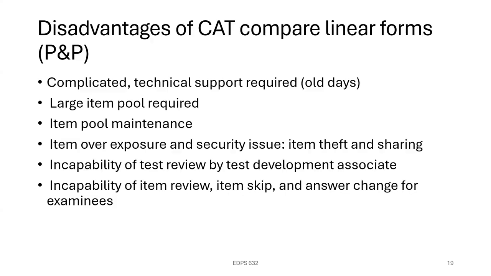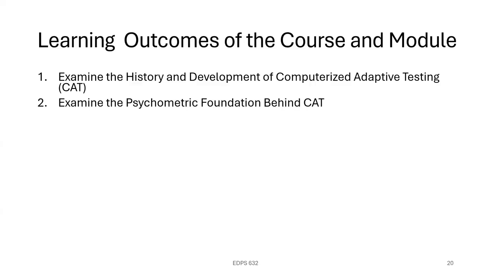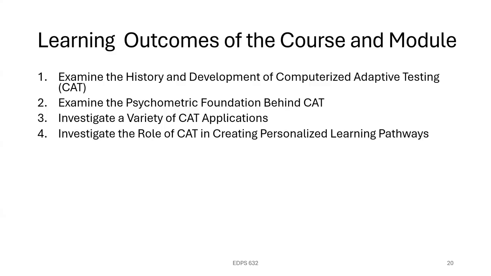So that means I will not only introduce the past, but also give you the most updated information about research. The learning outcomes of this class: examine the historical development of computerized adaptive testing, examine the psychometric foundation, and investigate a variety of CAT applications. And also we investigate the role of CAT in creating personalized learning paths. I should emphasize all, but number 4, I believe, is my new research interest.